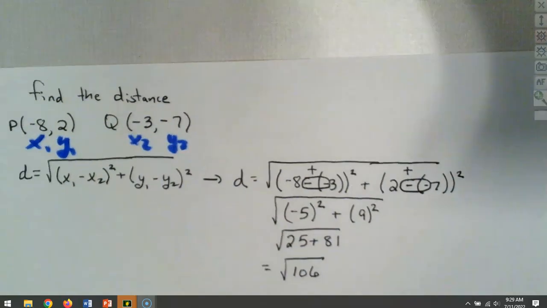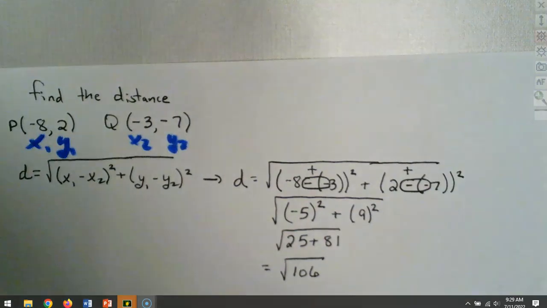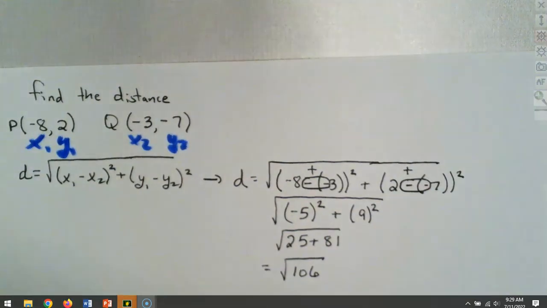Now we always have to check because that square root might break down. So we break them down if we can. 106 is an even number, so let's try a 4 to begin with. 4 doesn't go in there, but I'm sure that a 2 will.